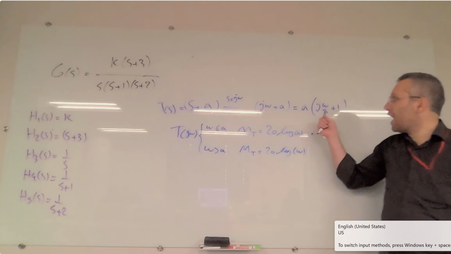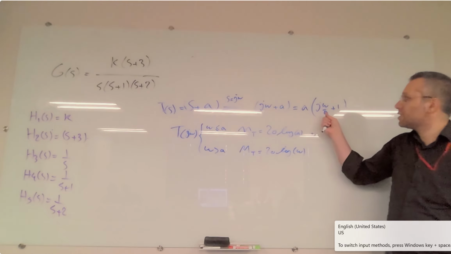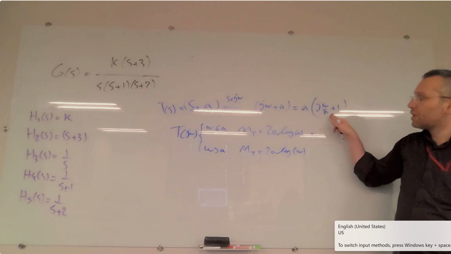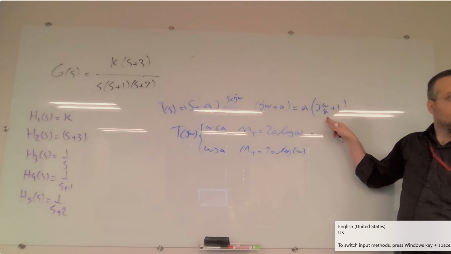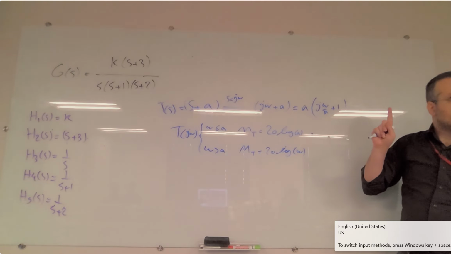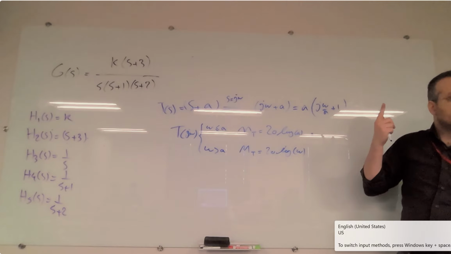As omega approaches a, now it becomes bigger and bigger, right? At a, it becomes 1, which is what degree? For what phase does tangent become 1? 45 degrees.